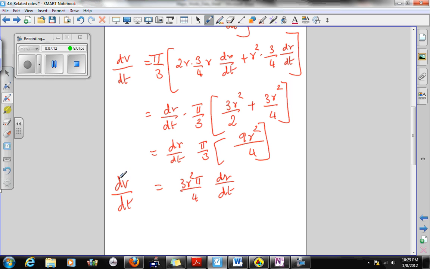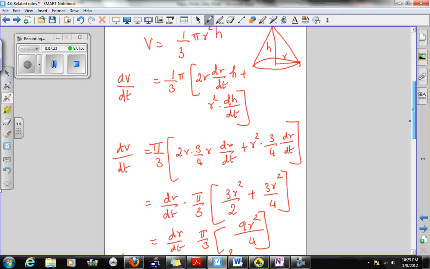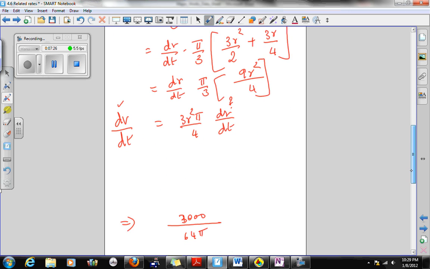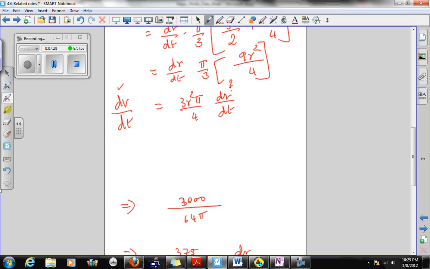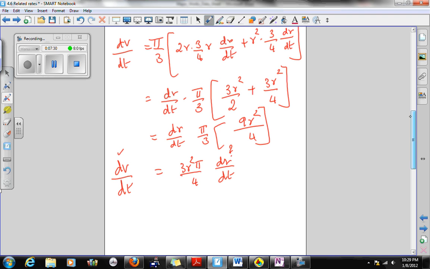Now that you know what dv by dt is, you're looking for dr by dt. At the moment in question, h is equal to 4 meters, and we want to find r.